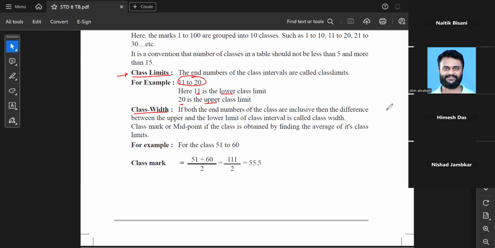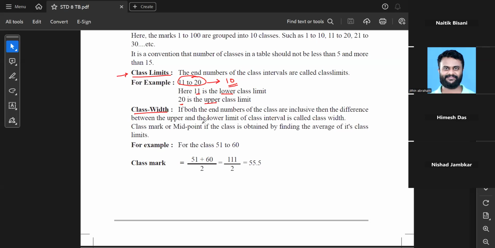For example, yes, Naitik, tell me what's your query. Sir, first you explain class width because I had doubt in that only. ठीक है. तो इन शॉर्ट अगर मैं बोलूँ, class width is basically the total number of characteristics covered inside the class. For example, from 11 to 20, the total number of characteristics covered is 10.